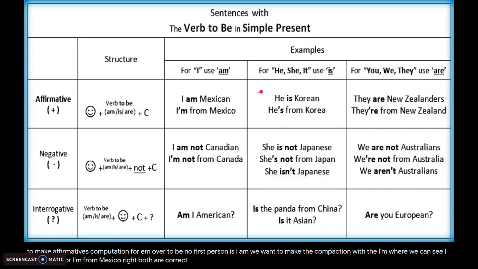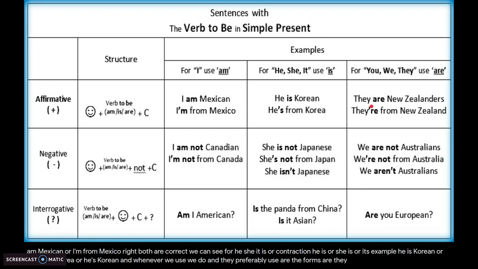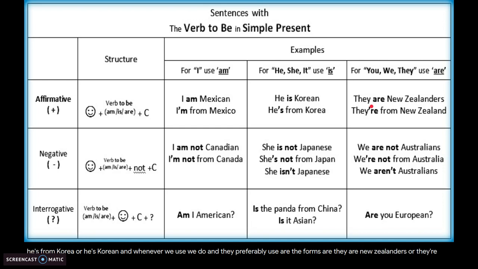We can say he is or she is, or the contraction, he's, she's, it's. For example, he is Korean, or he's from Korea, or he's Korean. And whenever we use we, you, and they, the plural form, we use are. The forms are: they are New Zealanders, or they're from New Zealand.